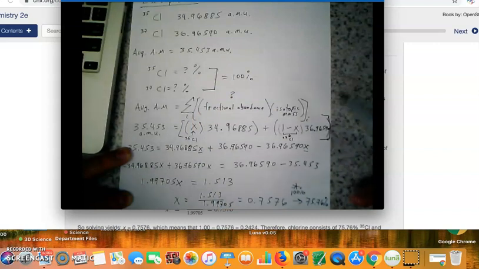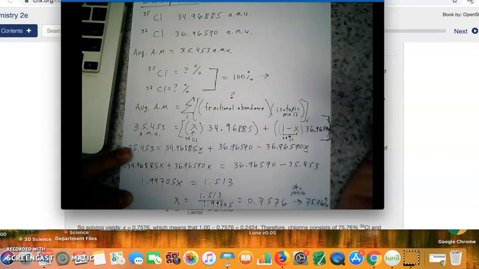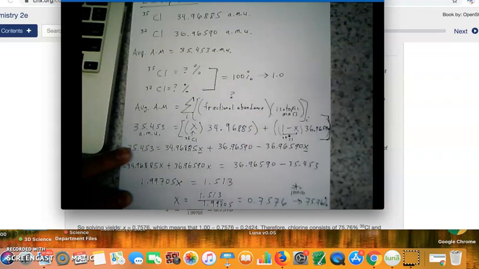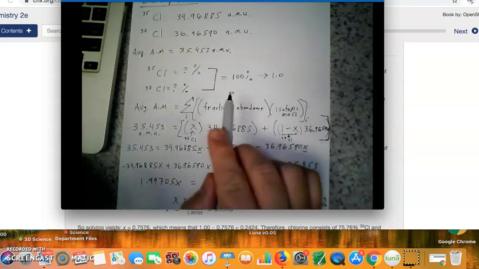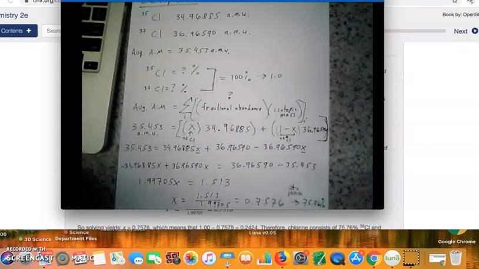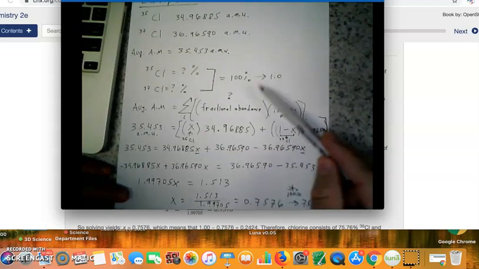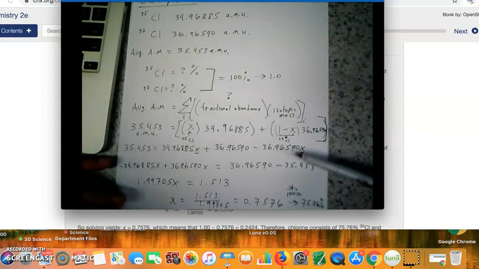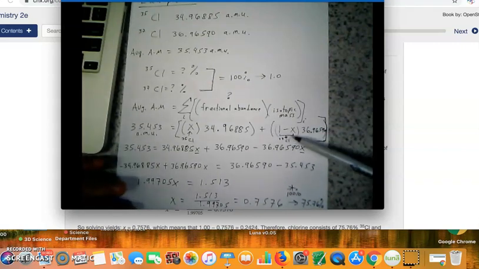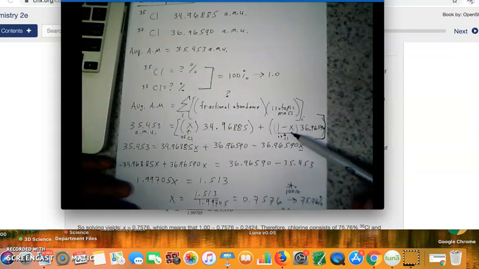And so the value for 100%, not as a percentage, but as a fractional abundance, is 1, if you take a percentage and convert that to decimal form. So it's going to be 1 minus X. So whatever is left. If this is 75%, then this would be 1 minus 0.75 to give you 0.25, which would be 25%. All right, so 1 minus X.